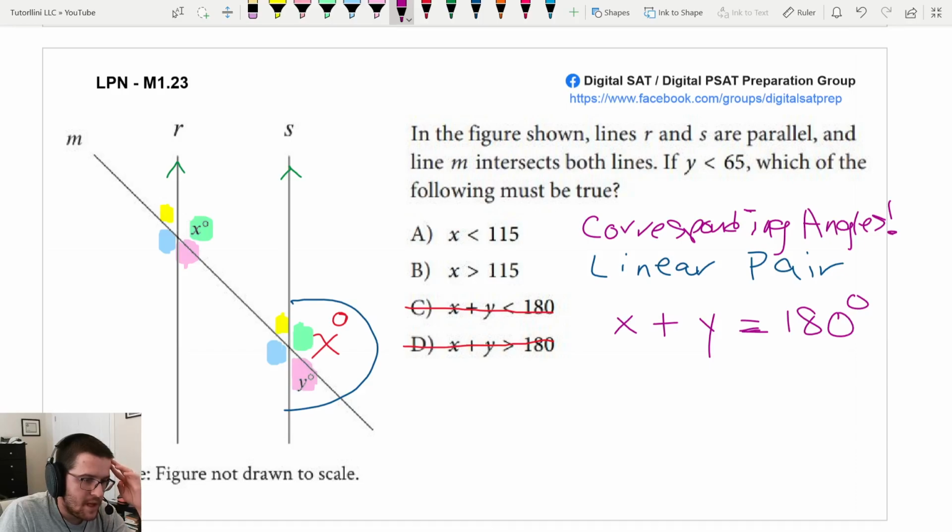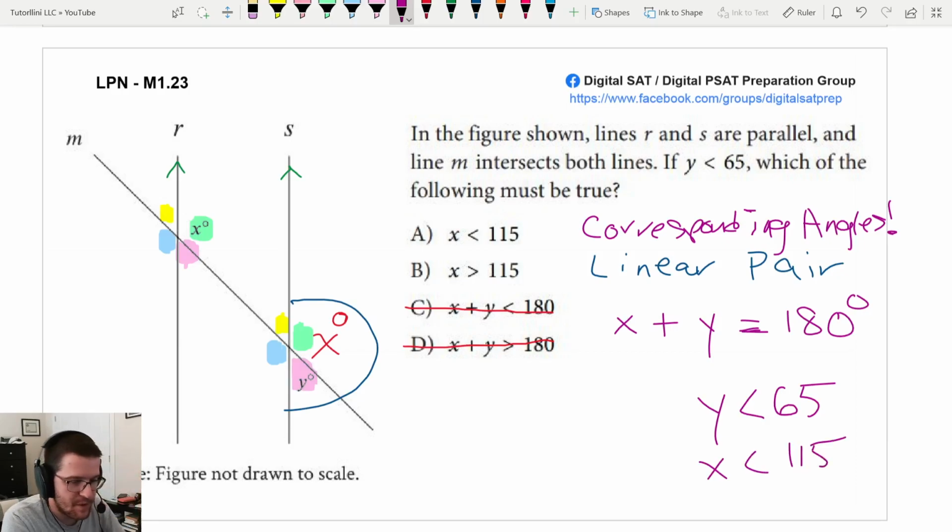So if Y is less than 65, and X were less than 115, well, if we made those both smaller, like 20 and 110, there's no way we would get 180. It's got to be X is bigger than 115.